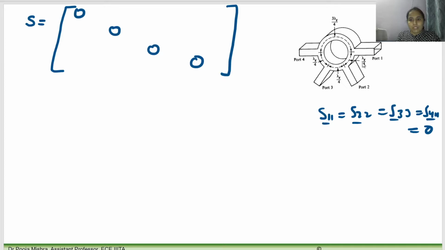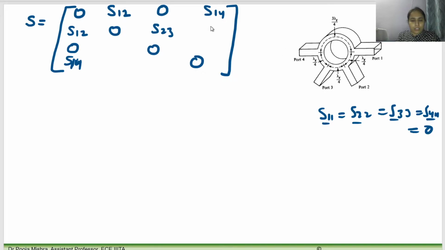Now if you send the signal from 1, it will appear from port 2, S12. Both are reciprocal, S12 will exist, S13 no, it will be 0, so S31 will also be 0. S14 yes, we'll get the signal, S41 we can write as S14 because all devices are reciprocal, and S23 yes, we'll get the signal.